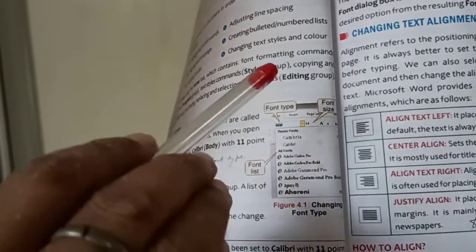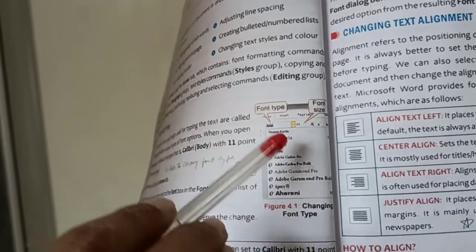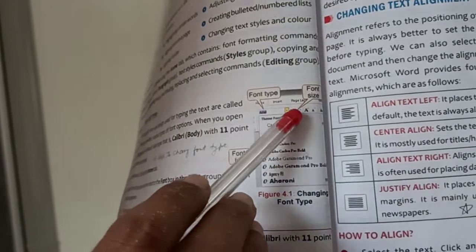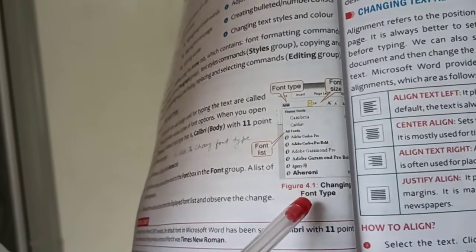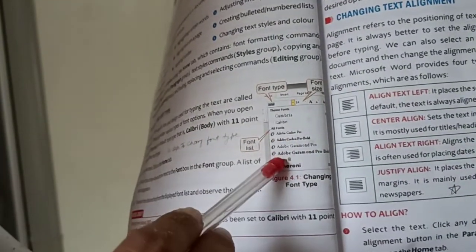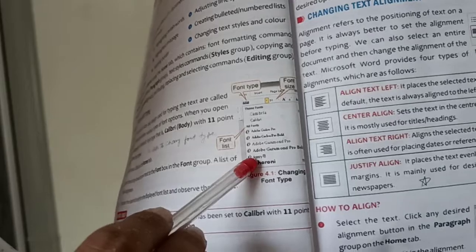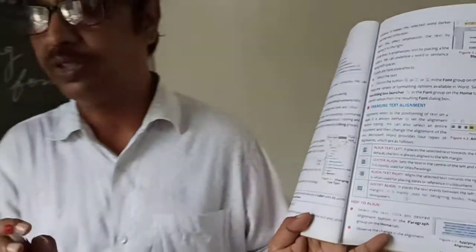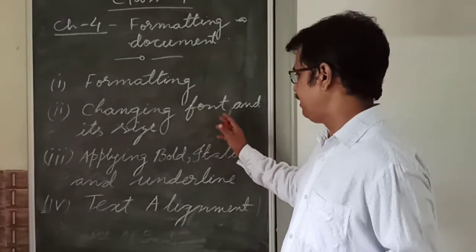So if you want to change the font size, first you select your text, then in the home tab, click this size box, and a drop down list will come. You can choose your size, and the font style box is for the design of your text, the design of your font. So the first topic is how to change your font and its size.